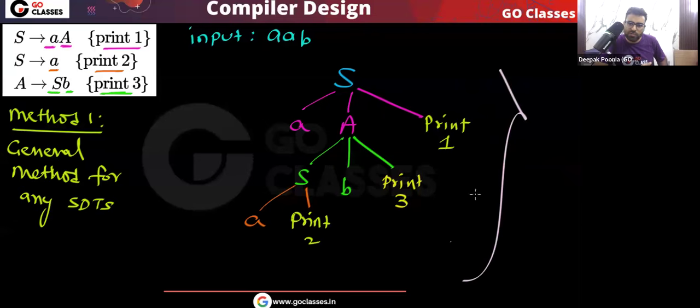Now what is step number 2? The final step is that you perform a left to right depth first traversal.